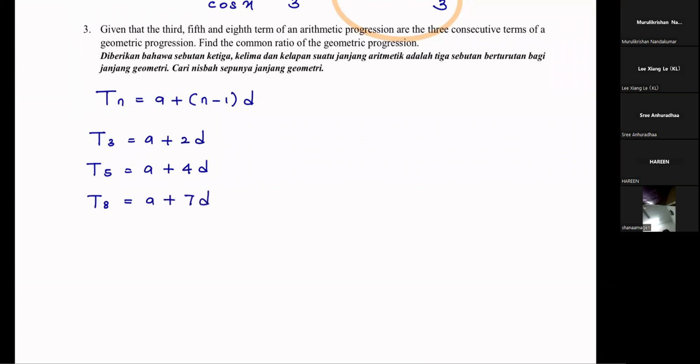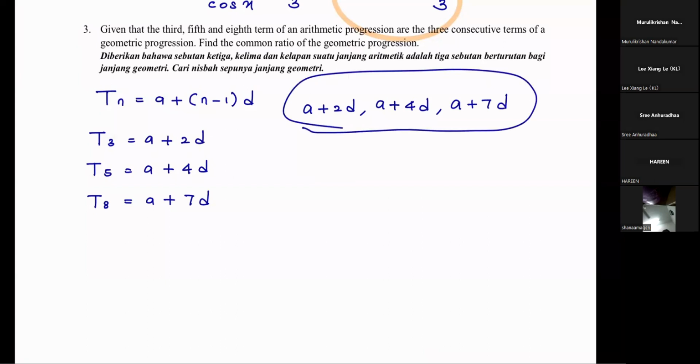Faham tak? Kan? So this is from AP. So all these three terms, okay, ini tiga terms ni adalah sudah masuk GP pula. You take all the third terms, fifth terms and eighth terms masuk dalam GP.